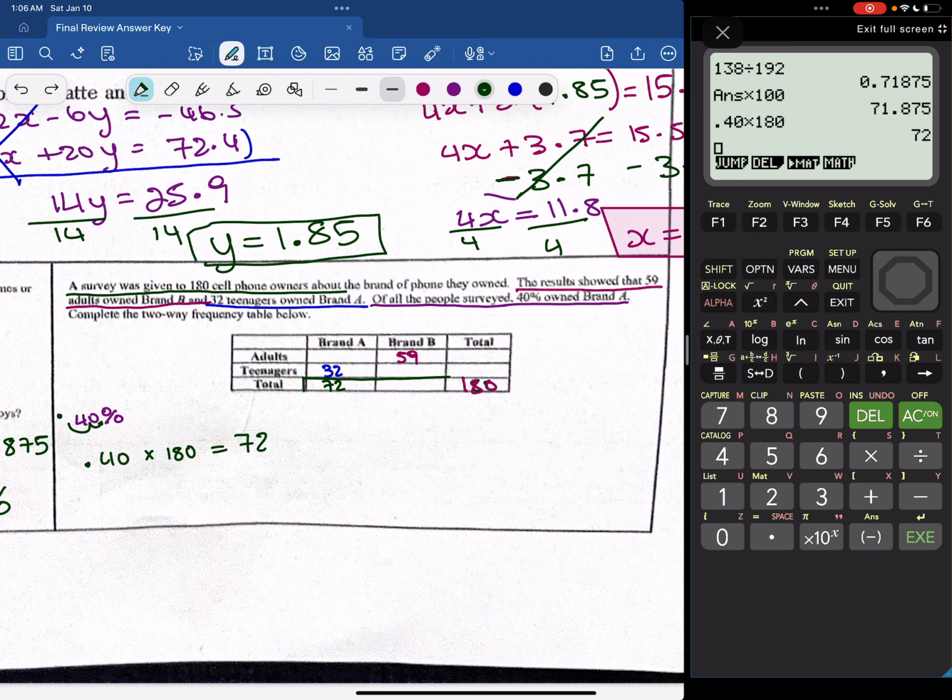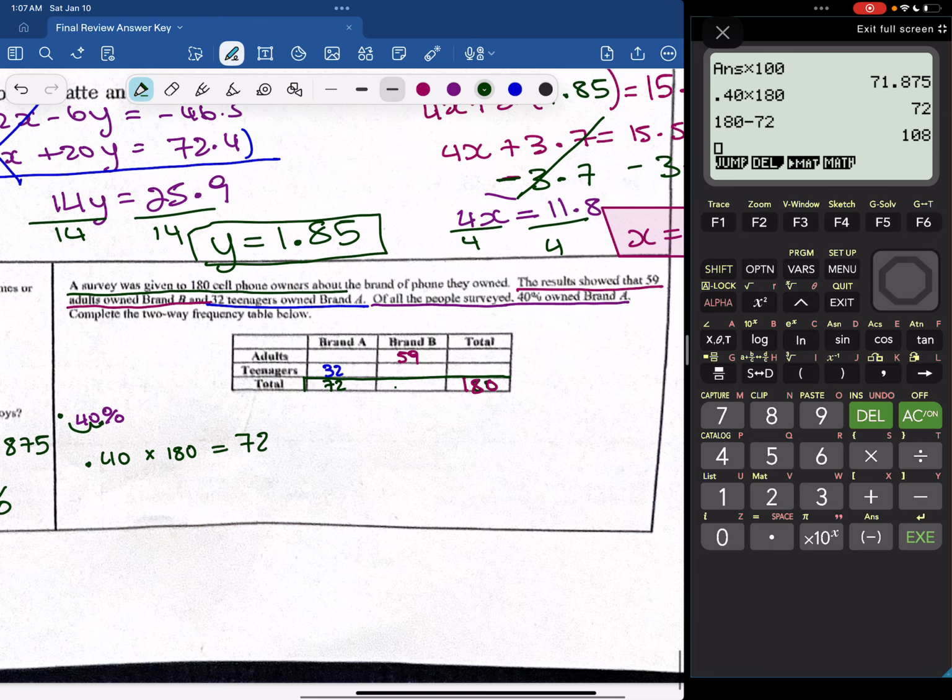Because we have this entire row right here. So 180 minus 72, which is 108. To find the missing piece between brand B for teenagers, you would just take the total and subtract what you already have. So 108 minus 59, which is 49.